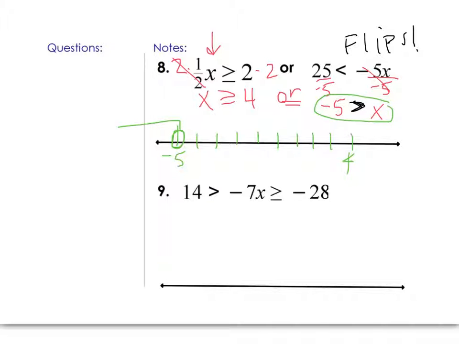I want everything to the left. Or x is greater than or equal to 4, so closed circle at 4, everything greater than or equal to it. So what's my final answer? Well, my final answer is everything smaller than negative 5 and everything larger than or equal to 4.